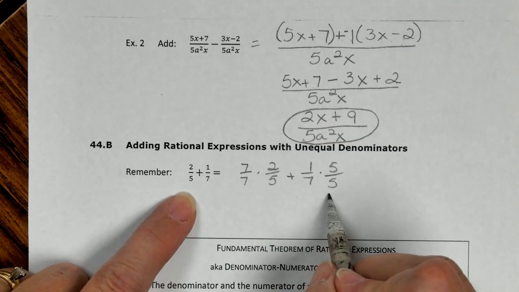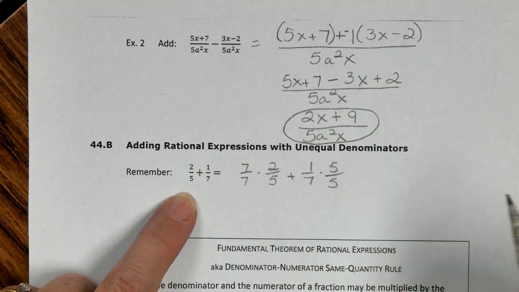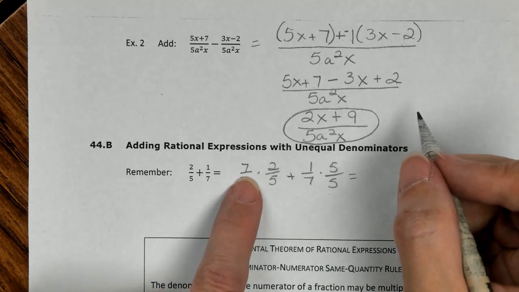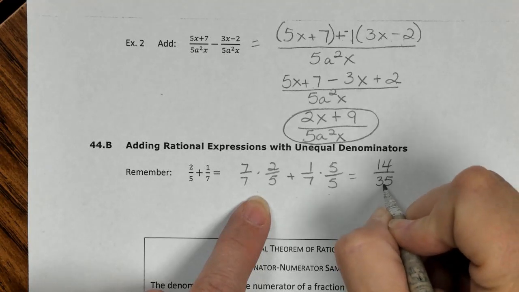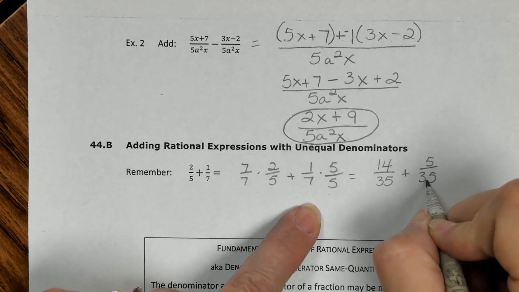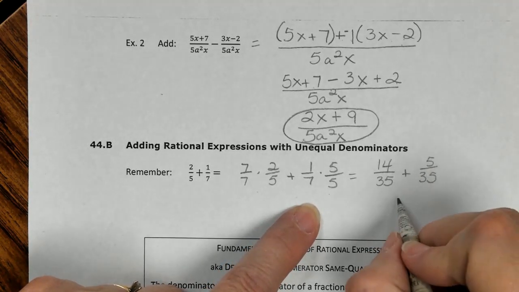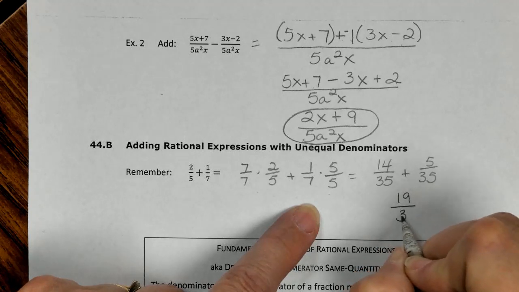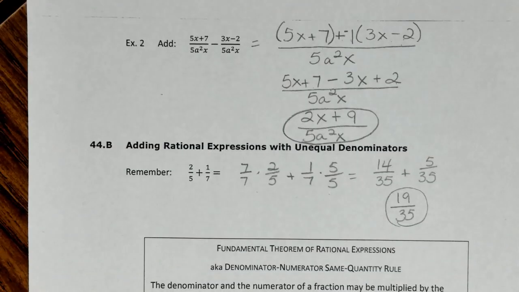And our common denominator will be 35. That means 7 times 2, 14 over 35 plus 5 over 35, and now that they do have the same denominator, we add the numerators, and if it reduced, we would do that, but it doesn't.